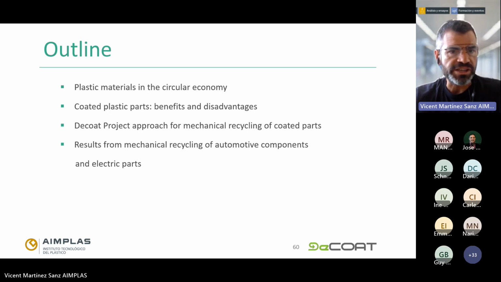I will also share with the audience some results from the mechanical recycling for two case studies, the automotive coated components and some decorative electric parts.